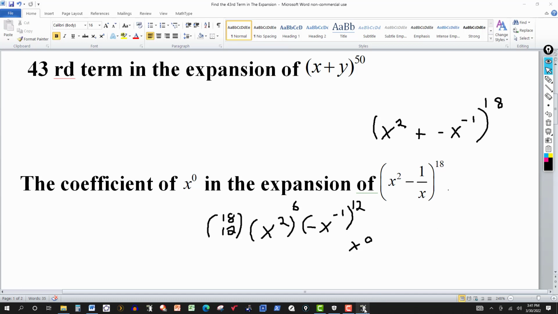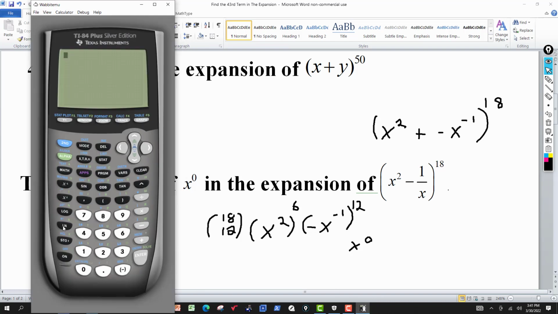And then we use the calculator to compute this out. So it should be 18, over to math, then over to probability, and then number 3. And then we need 12. Number of combinations of 18 things taken 12 at a time. That's your formula. Hit enter. And we get 18,564.